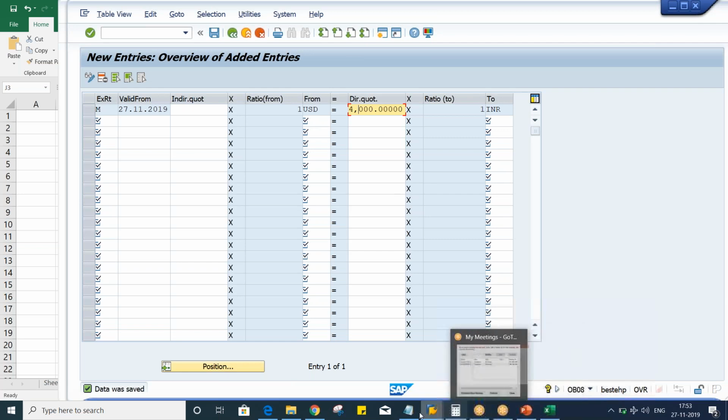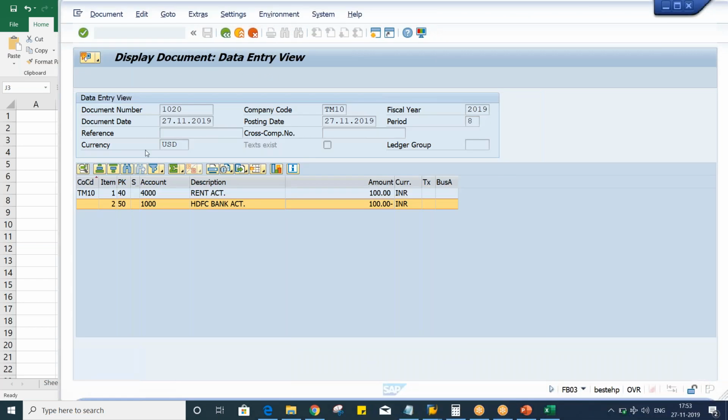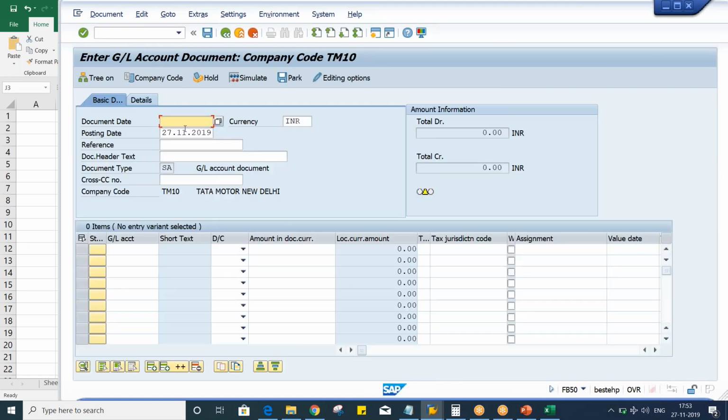So I'll just do one thing, guys. Now we'll post the transactions. Once again, we are going to use FB50 and then we'll post the transaction. Okay, here USD, and then give again this GL debit 1 USD itself.